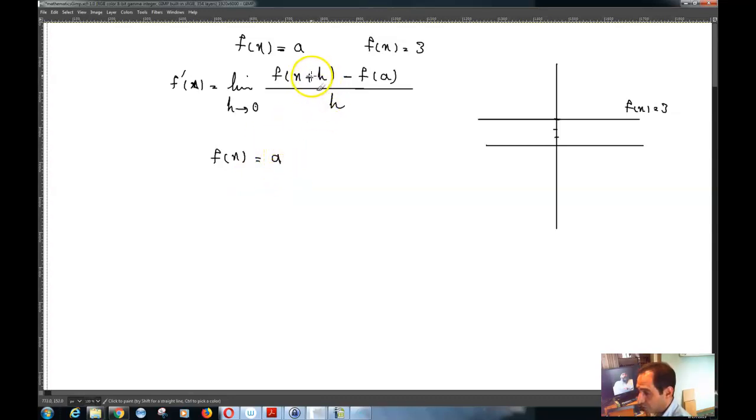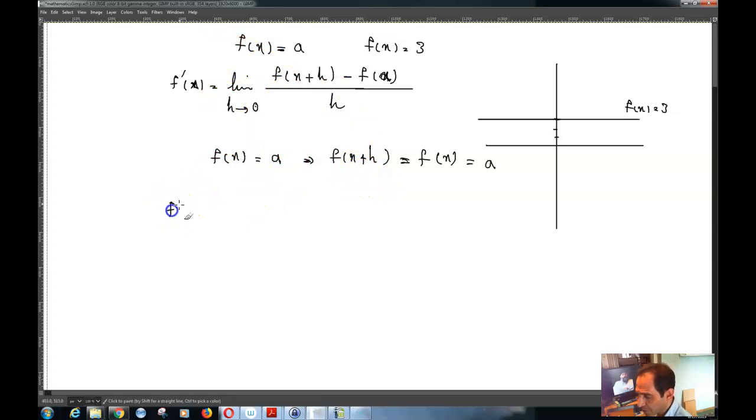So then, based on this, f of x plus h is going to be the same thing as f of x, which is a. This is supposed to be f of x, and you already know what that is, so we can calculate it.